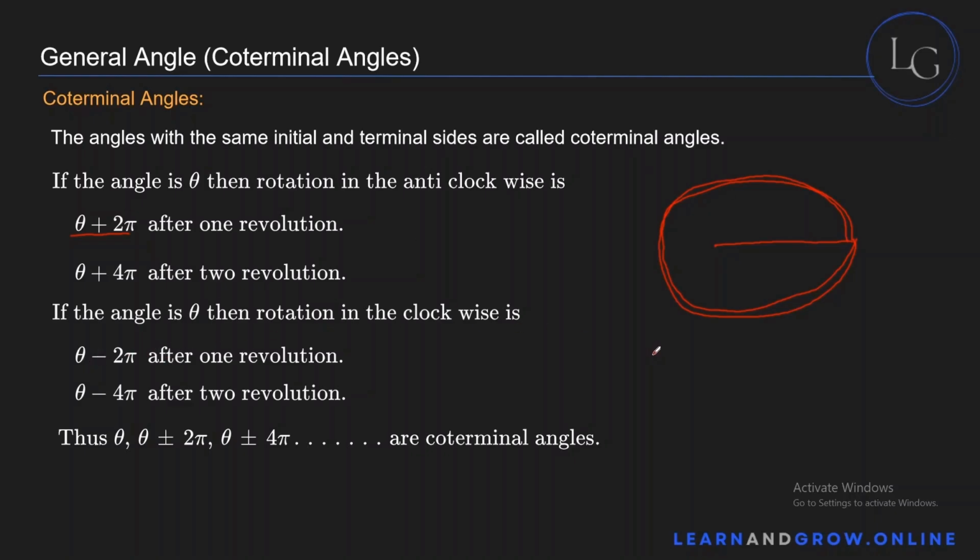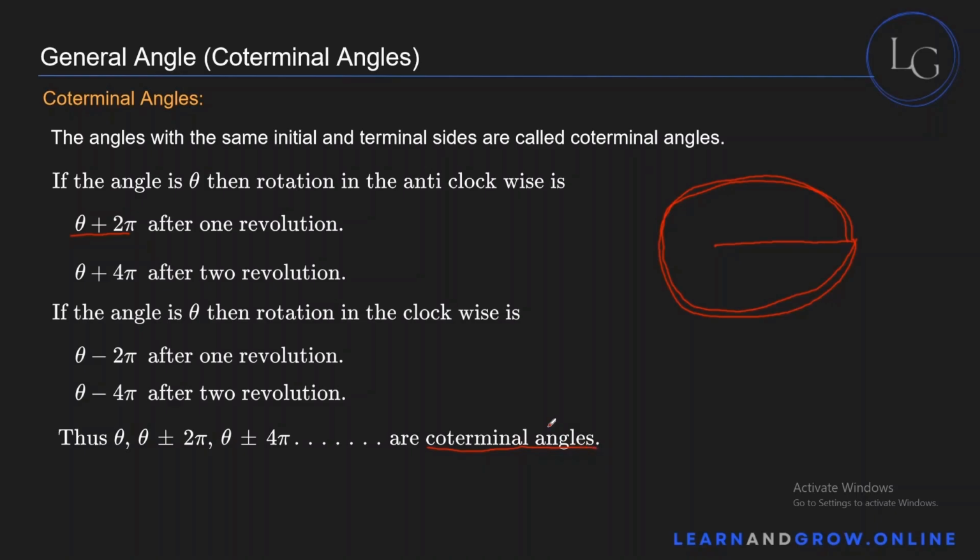And once you rotate this in the clockwise direction again, it will be theta minus 4 pi, then minus 6 pi, minus 8 pi, and so forth. Thus theta plus or minus 2 pi, plus or minus 4 pi, plus or minus 6 pi, plus or minus 8 pi are coterminal angles.